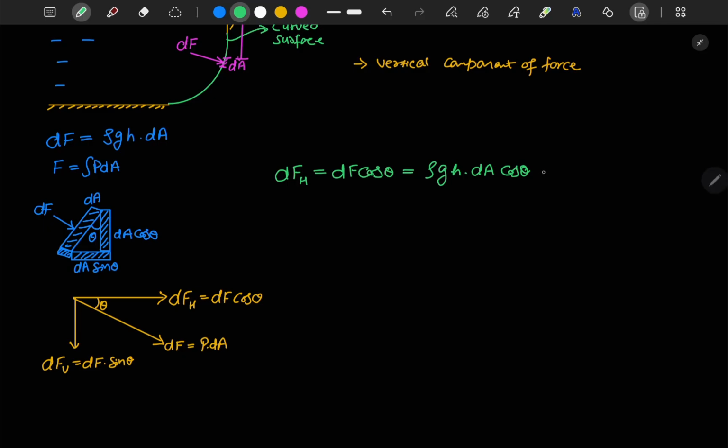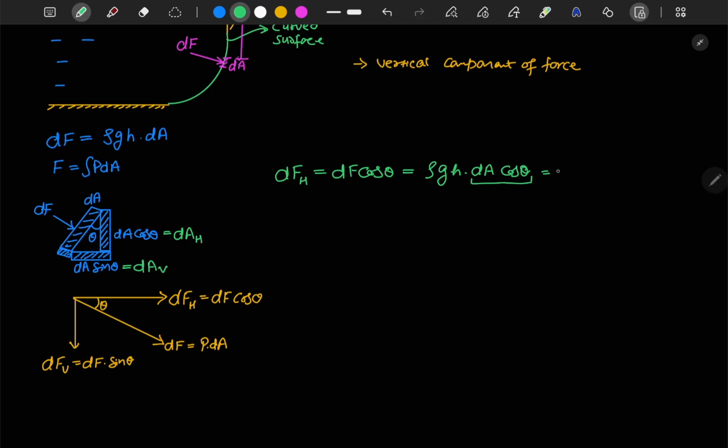One more thing, I can write dA cos theta as dAh, let's say, and this dA sin theta as dAv. I mention h here because this dFh will be acting on this dA cos theta area, the component of area in the vertical plane for the horizontal force.